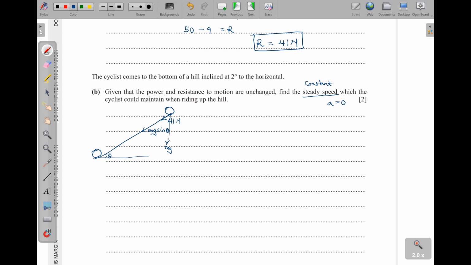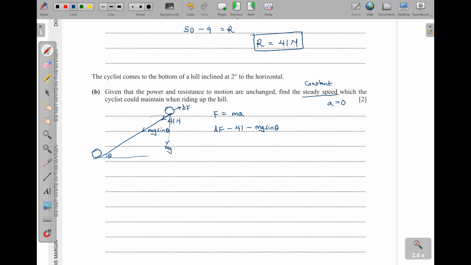Now using F equals MA, we have the driving force taking the cyclist up. So driving force, minus 41, minus mg sine theta. When we are using the energy method, we don't use this mg sine theta.